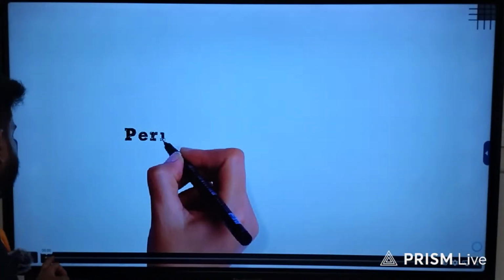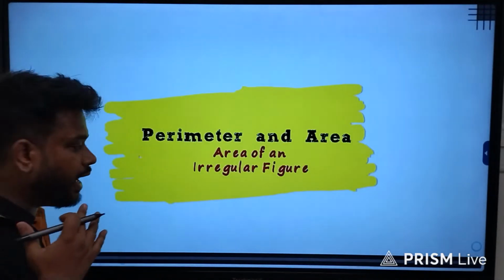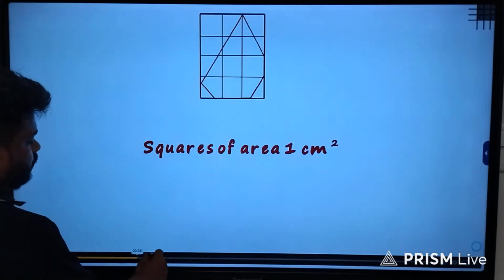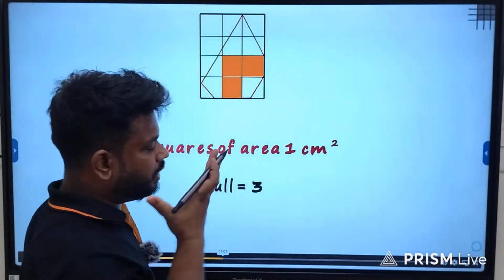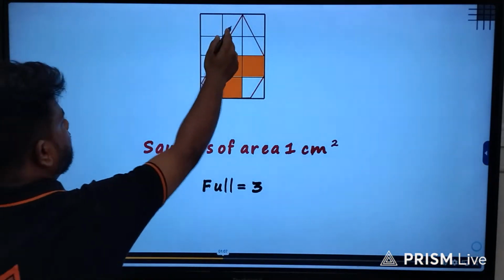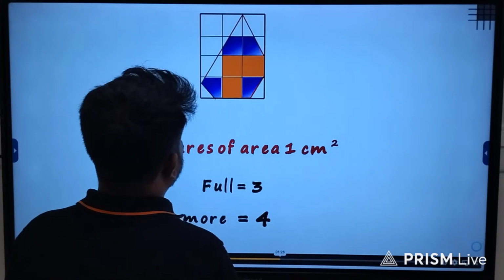So from this video we have learned how we can find the area and perimeter of an irregular figure. For the perimeter we just place it on a grid or graph paper, and then we find the perimeter, where each side is 1 centimeter.